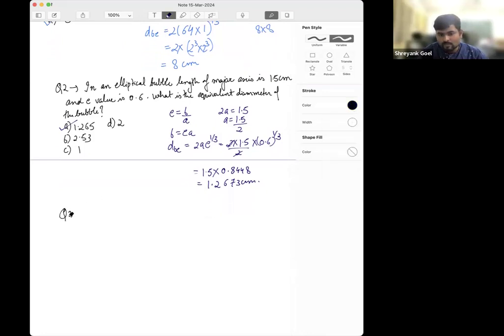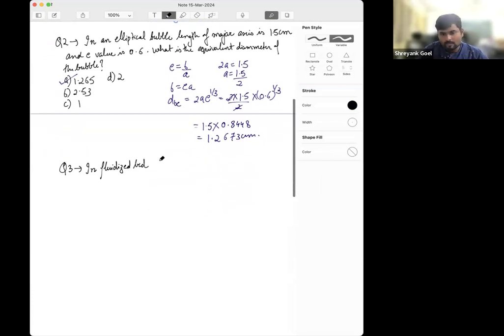The next question is: in a fluidized bed, the height of the bed is 30 centimeter.